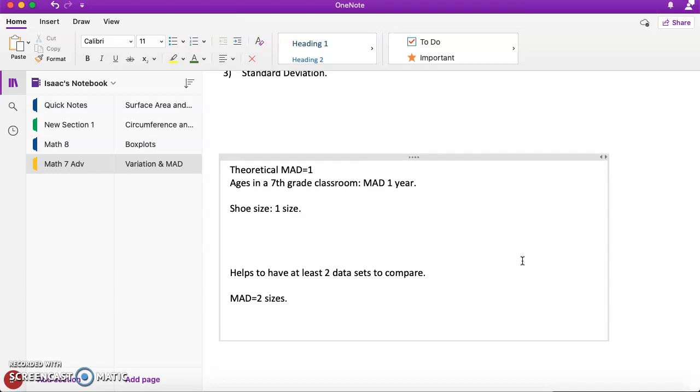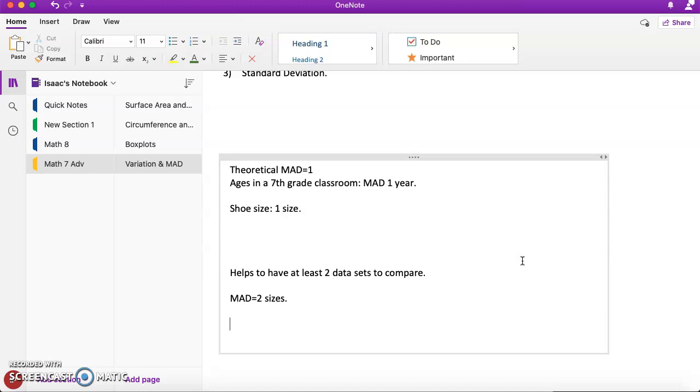Is that a lot? Off the top of my head, I'm probably going to say no. That being said, I don't know for sure. The thing that really tells me whether I've got a big mean absolute deviation or a small one is a comparison. So what I really need is a comparison either to a second data set within the same city, or even better yet, to a number of data sets from other cities, because I'm going, I don't know, somehow that doesn't seem like enough variability of shoe sizes.